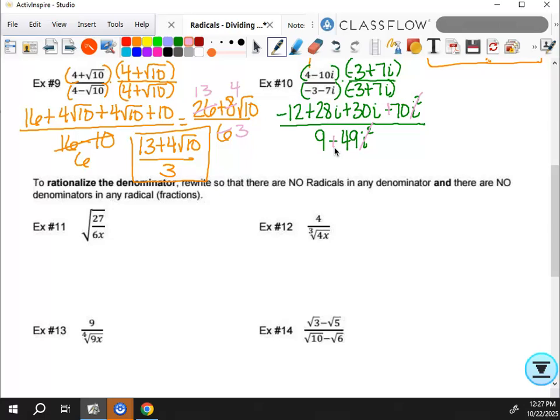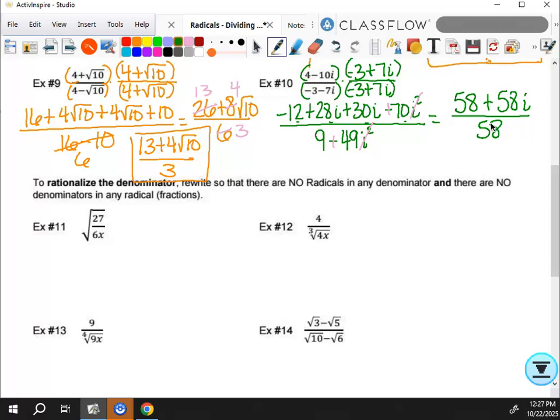You with me on what I just did there? Without rewriting it all? Okay. So then I get 70 minus 12 is 58. 28i and 30i, 58i over 58. Can I reduce that?